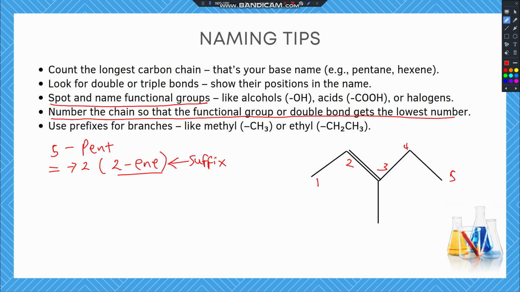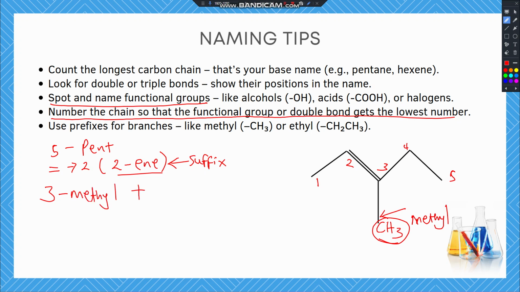So on this carbon number 3, we have a methyl substituent, CH3. Remember, at the end of every line, there is a carbon atom. So this is the carbon atom present here, CH3, and it is methyl. So in order to identify that we have 3-methyl as the prefix.